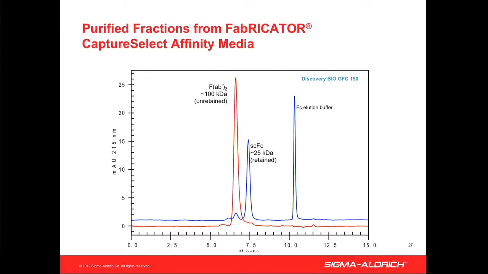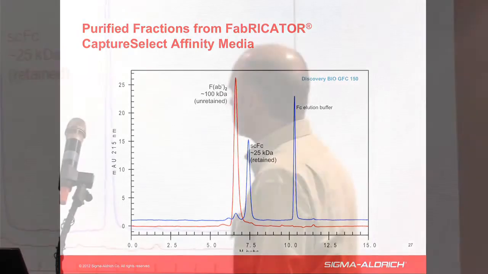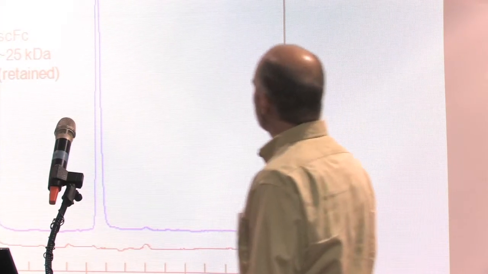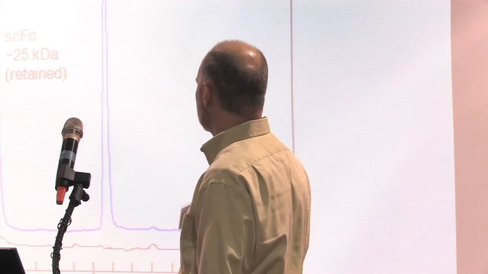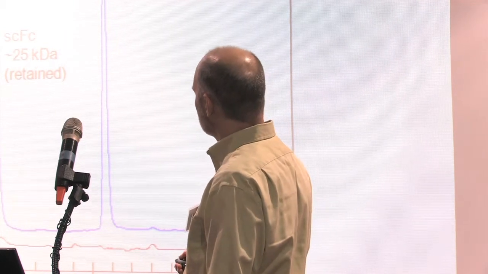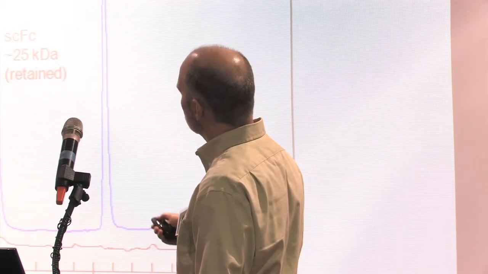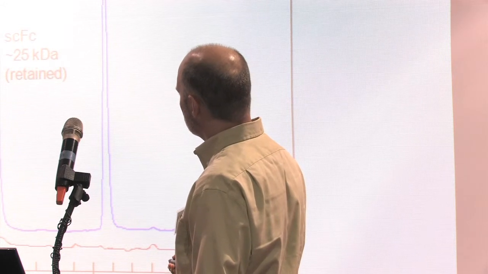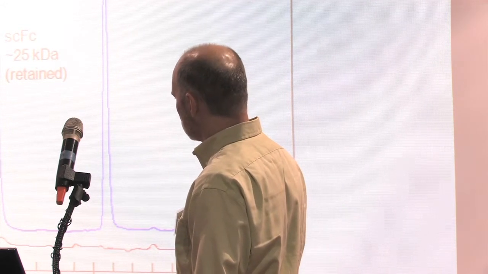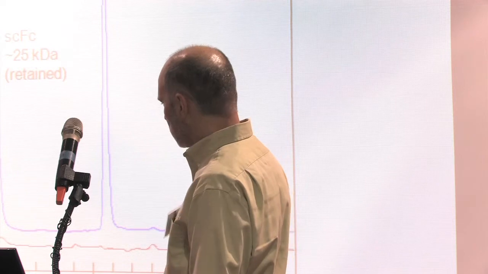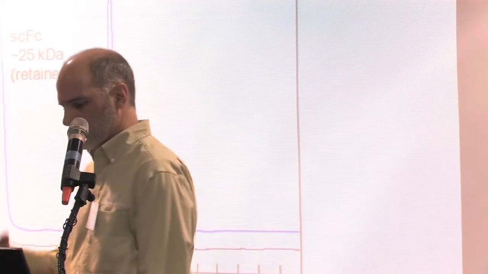So that's what this unretained and retained refers to, this second step affinity matrix. And you can see here these are nicely identified, and this CaptureSelect affinity media does a nice job selectively for the Fc. This bit of contamination really could be eliminated largely simply by additional washings.